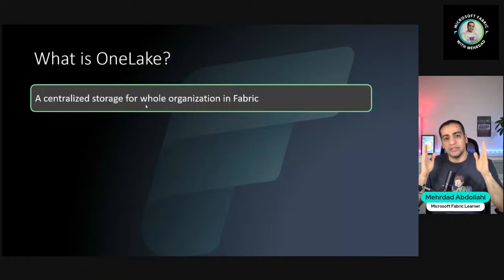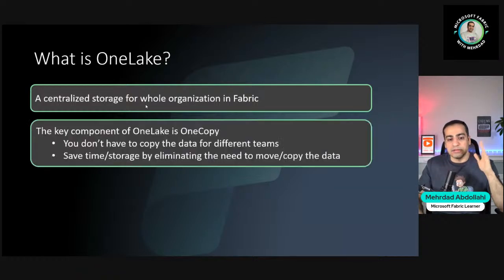Each tenant or each instance of Fabric has only one OneLake. And when we say it is a centralized storage for the whole organization, it means that we don't have to copy the data, for example, for another department. For example, a data set used by a sales department doesn't have to be copied over for the finance department.